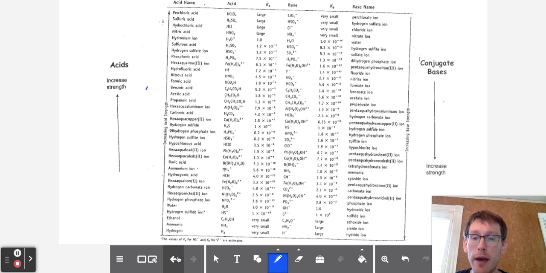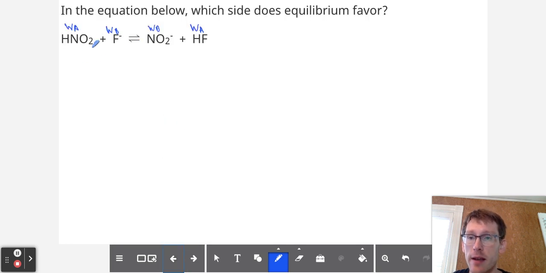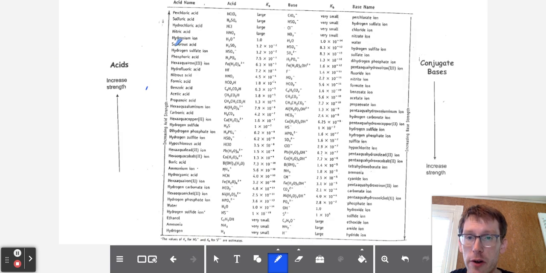So I'm going to compare the acid HNO2 and the acid HF and just see which is the stronger acid. And I see that hydrofluoric acid right here has a Ka of 7.2 times 10 to the negative fourth, whereas nitrous acid has a Ka of only 4.5 times 10 to the negative fourth.